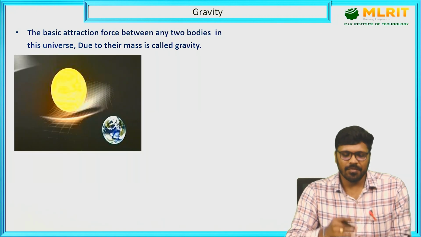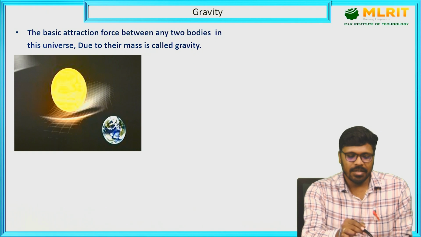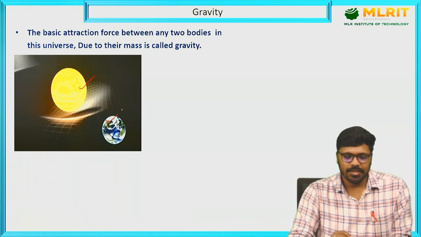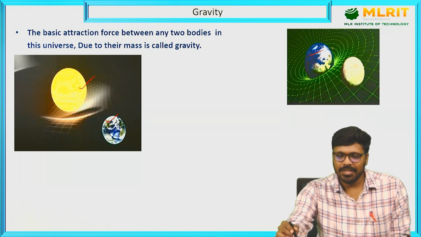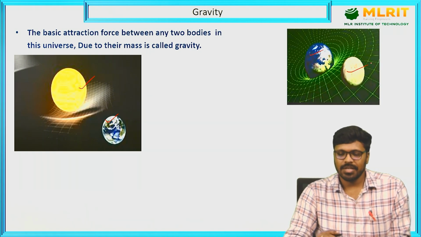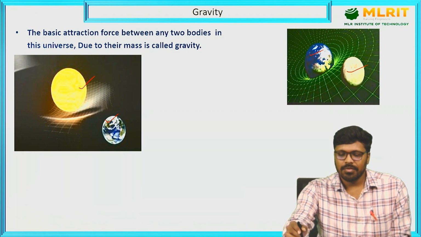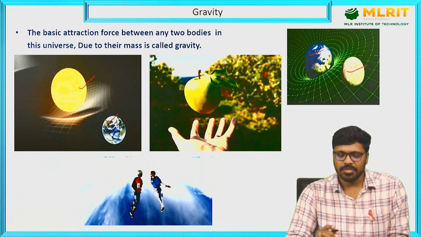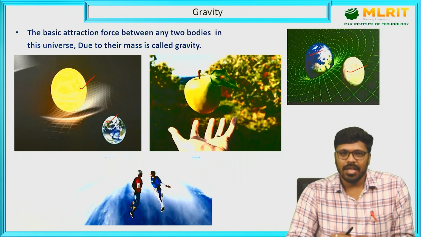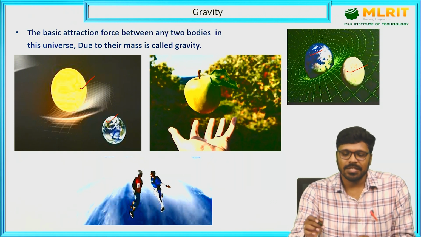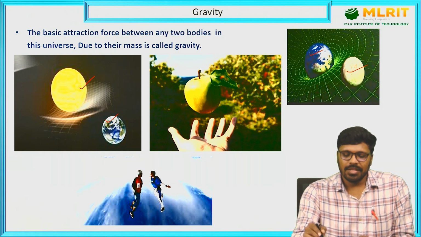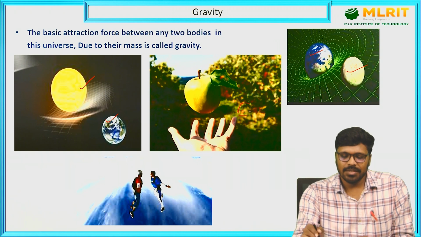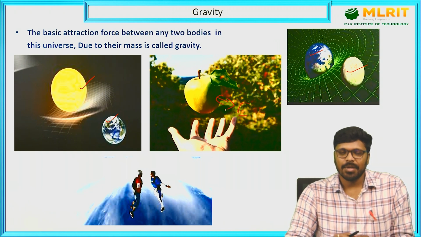It can be between any two bodies, like between the sun and earth, or between earth and moon. Gravity is a force between the earth and moon due to their masses. Everyone knows the basic example we take for gravity, that is the apple. The attraction force between the earth and the apple is also gravitational force.